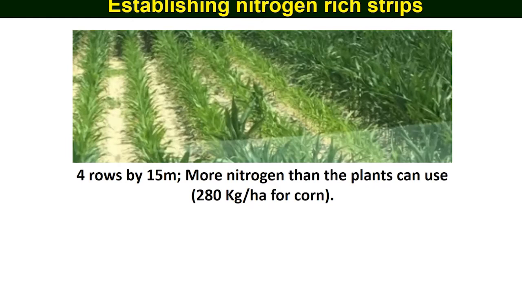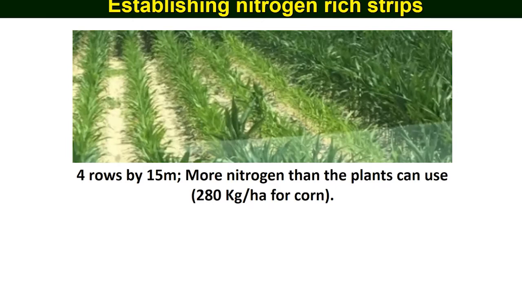So when these two are equal, the response index would be equal to 1. Yep. So when we have this response index of 1, it means we don't need to apply. Means the soil on that area has enough nitrogen. You don't need to apply anything.